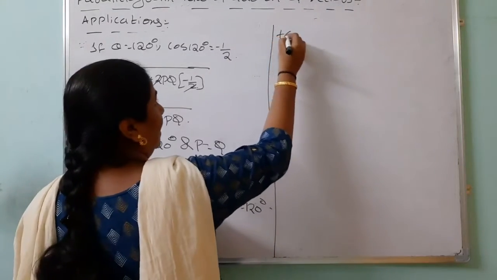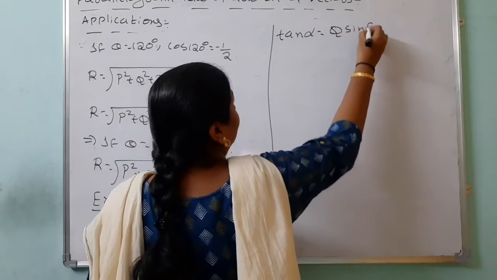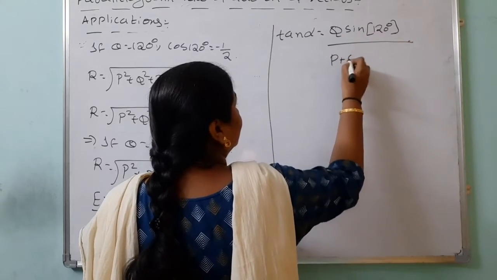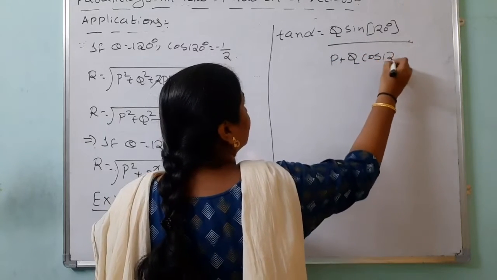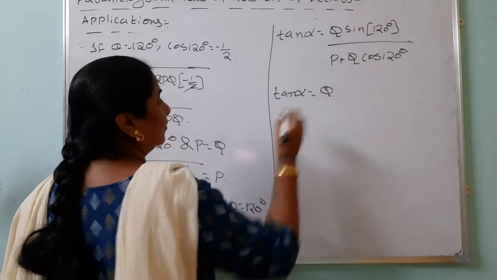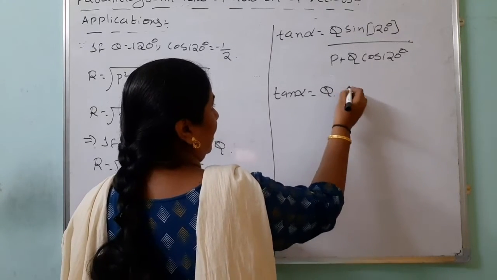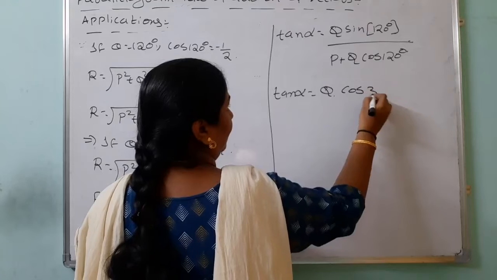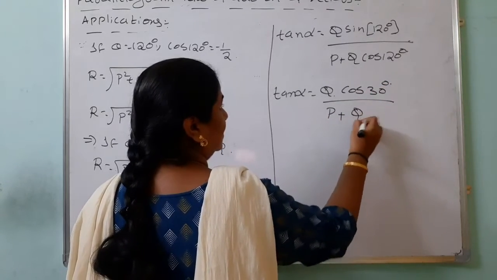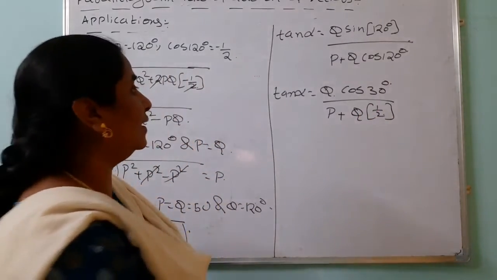Look here. Tan alpha equals Q sin 120 degrees by P plus Q cos 120 degrees. Then tan alpha equals sin 120, that is sin of 90 plus 30, which is cos 30 degrees, by P plus Q into minus 1 by 2.